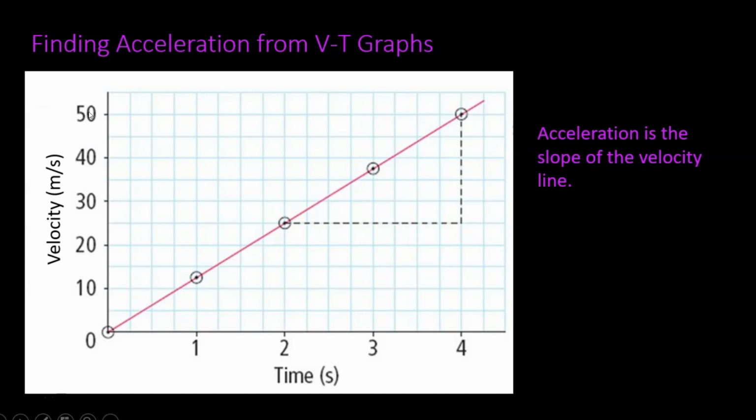Specifically, it's the rate at which the y value changes relative to how fast the value on the x-axis changes. In this graph, the y-axis is velocity and the x-axis represents time, so the slope tells us the rate at which velocity changes as time changes. So that's why it's equal to acceleration.